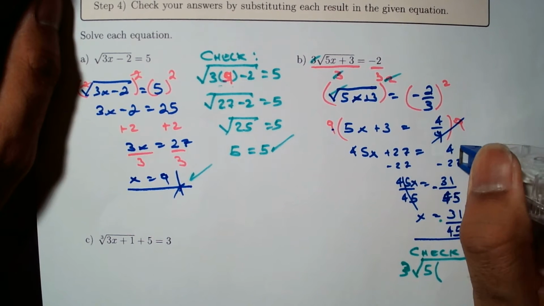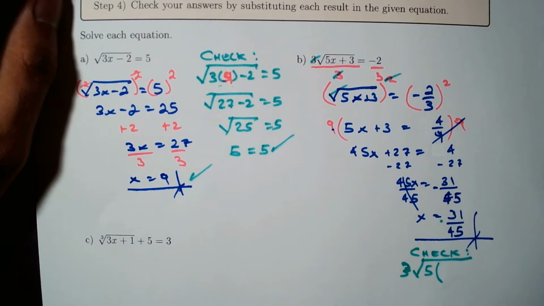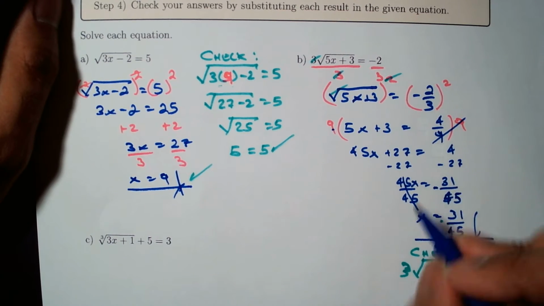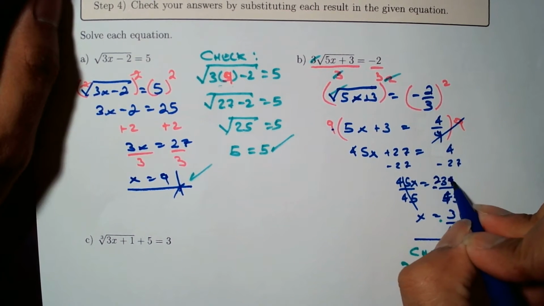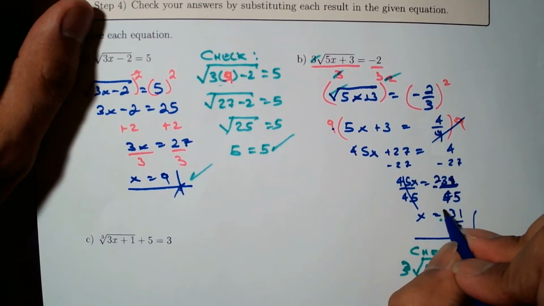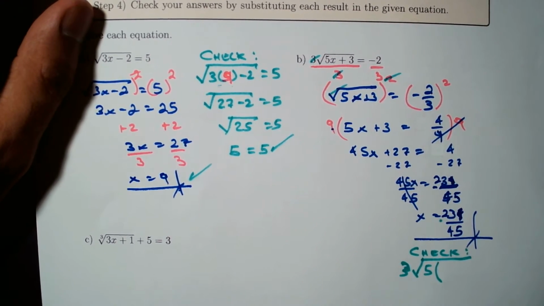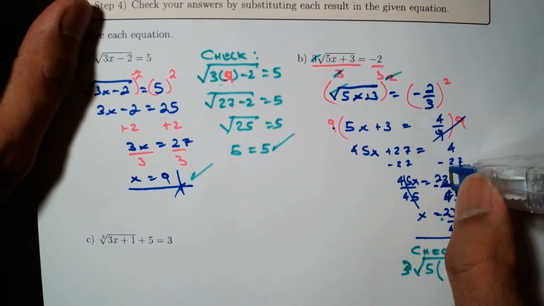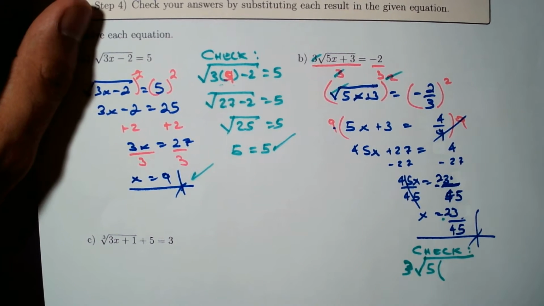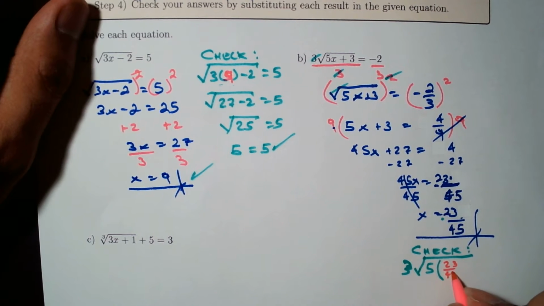So 27 minus 4, that's 23, and it's positive, so it's 23 over 45. Let me erase this properly. Yes, that's going to give us a wacky number.